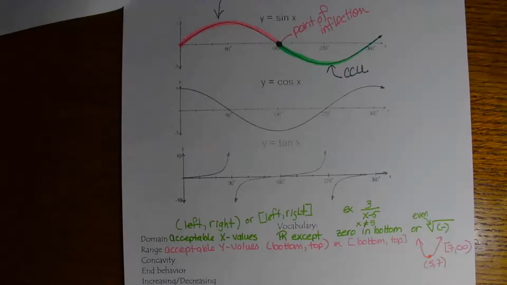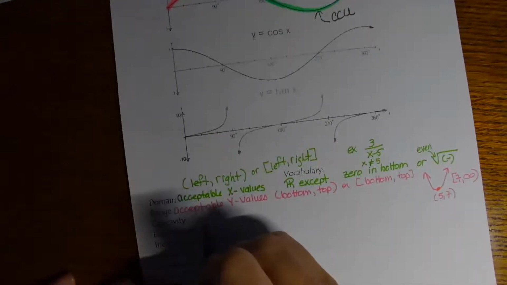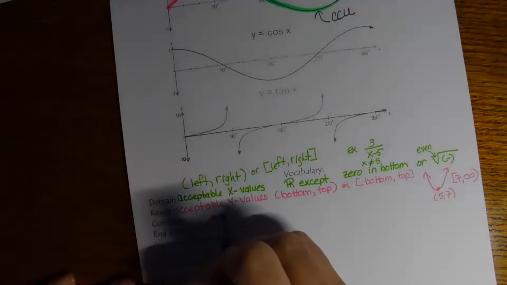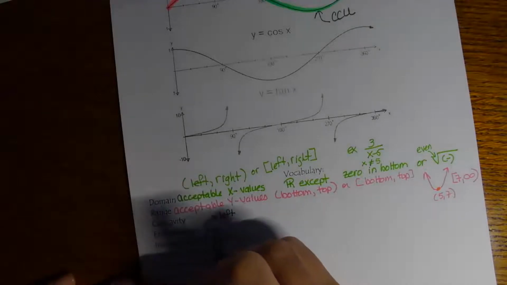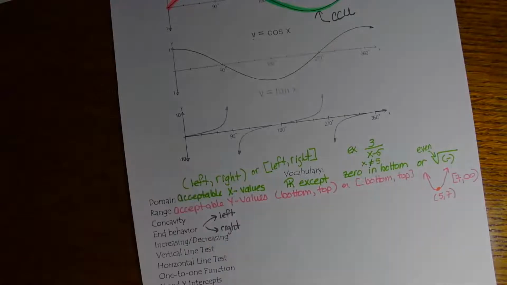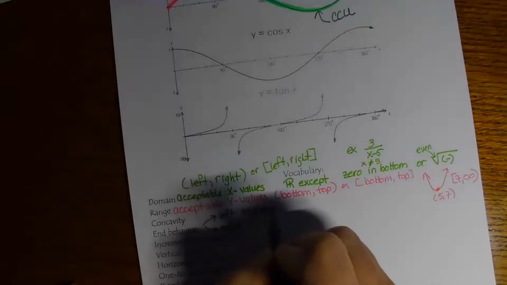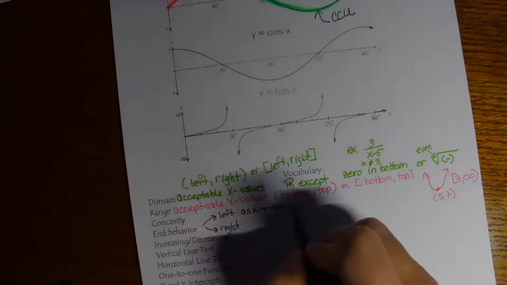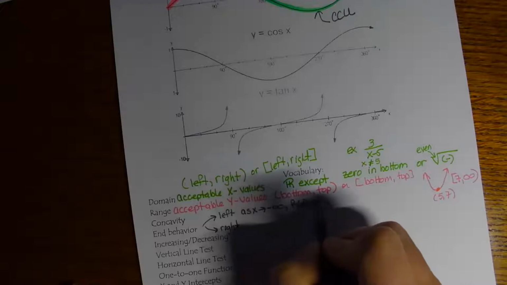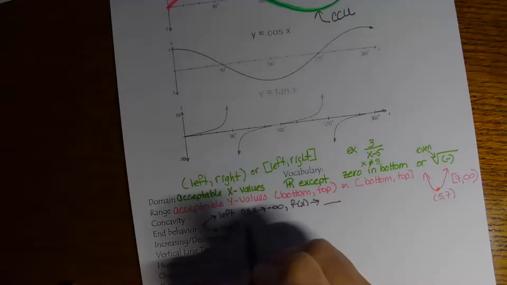Well, end behaviors show us which way the end is going, and we have a specific way we write those, correct? So we have a left side and a right side, right? Correct. Most of the time, as x approaches negative infinity, y goes somewhere.